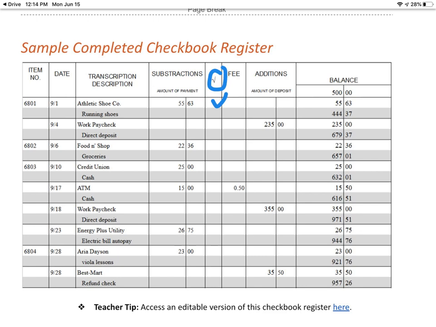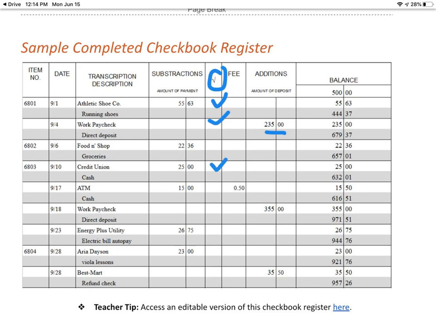Next one says payroll, that you got a paycheck for $235 on the 4th. And that's the next thing, this $235 paycheck. So yes, check mark, done, got it. Next one, check number 6803 for $25. And there it is. We're going to go ahead and do a check mark there.